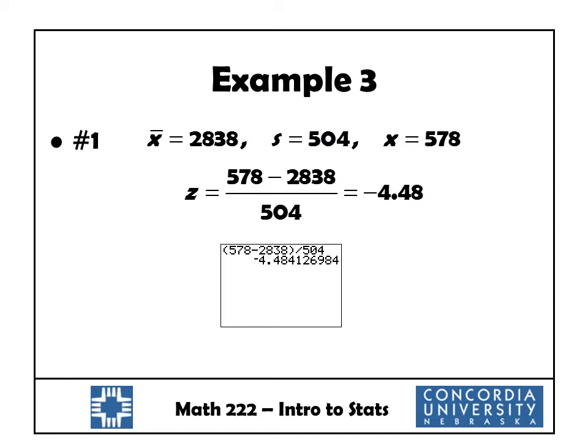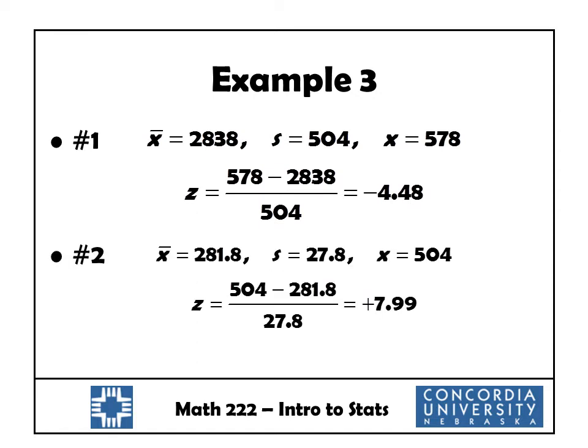That means we are 4.48 standard deviations below the mean. In the second example, we have an x value of 504, subtract the mean of 281.8, divided by the standard deviation of 27.8, and we have a z-score of positive 7.99. That means we are about 8 standard deviations above the mean.